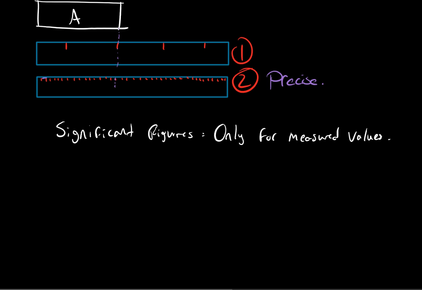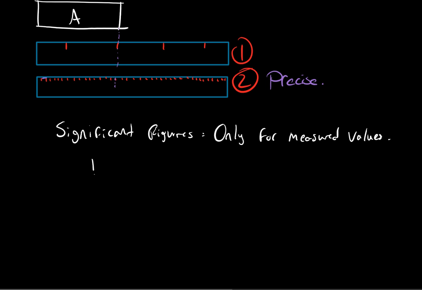For exact values, especially with some conversion factors, and for numbers such as pi, which have continuing unlimited numbers of values, they don't really have significant figures. We don't use them as a limiting number.